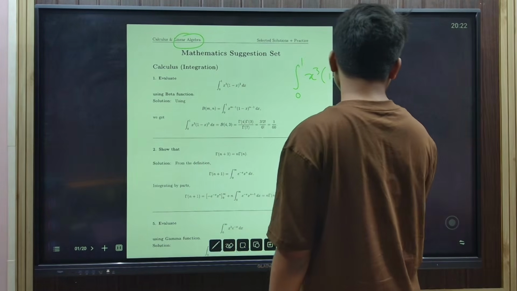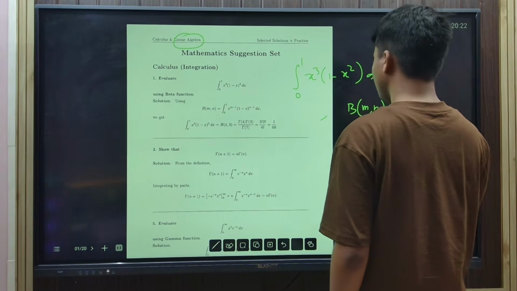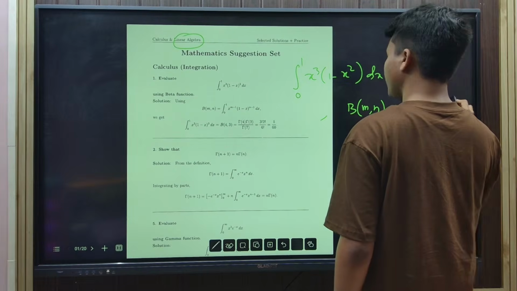We know that beta of m comma n exactly equals the integral from 0 to 1 of x to the power m minus 1 into (1 minus x) to the power n minus 1.